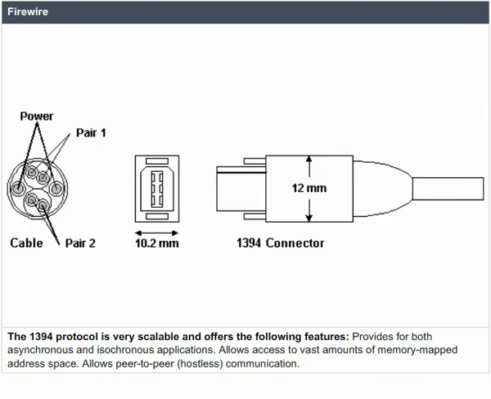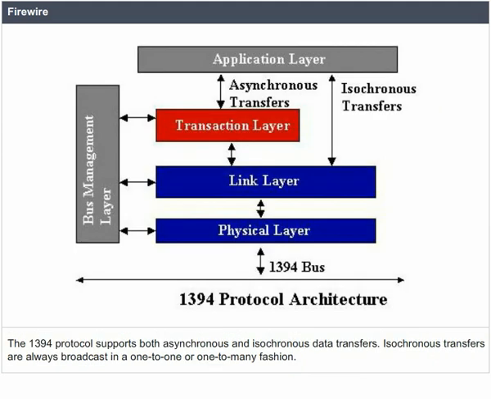The 1394 protocol is very scalable and offers the following features. Provides for both asynchronous and isochronous applications. Allows access to vast amounts of memory mapped address space. Allows peer-to-peer hostless communication.